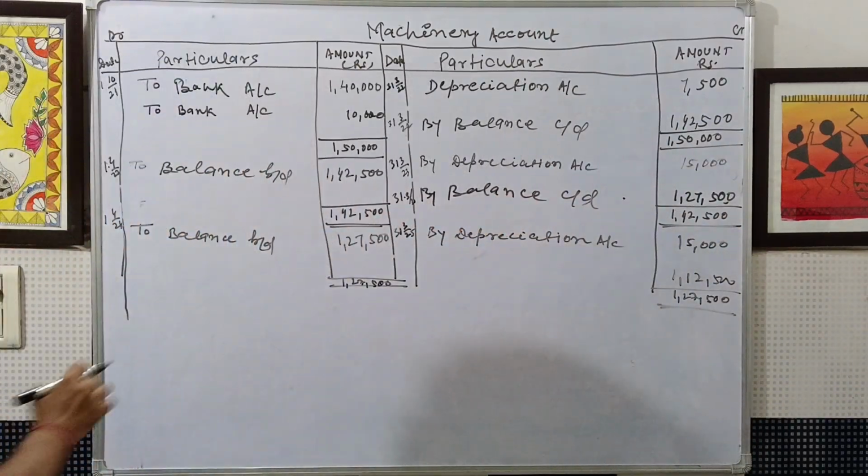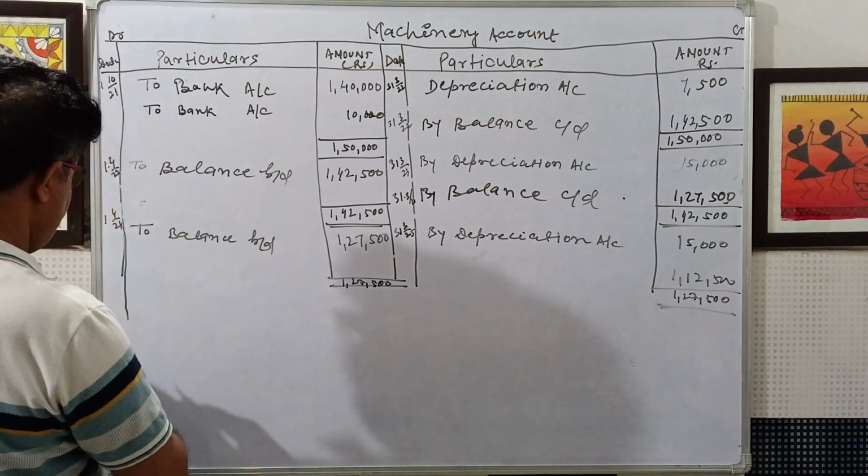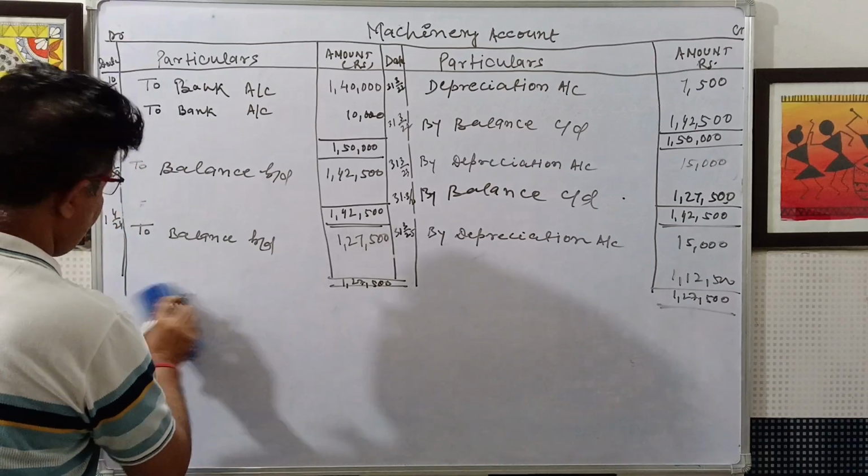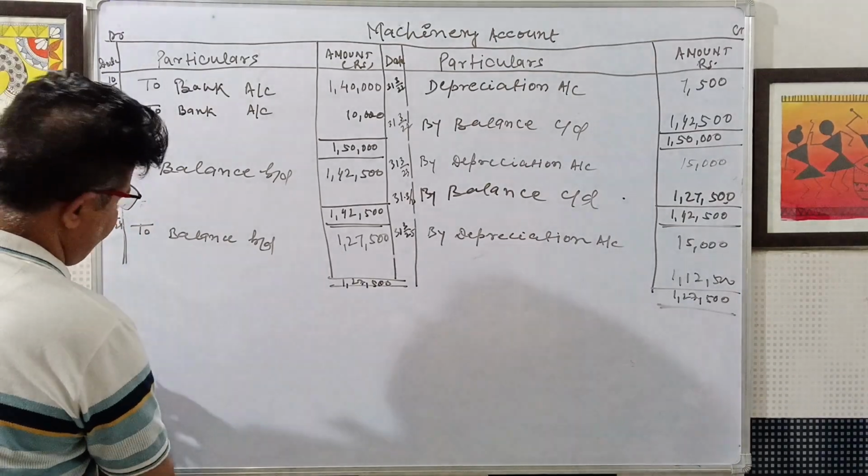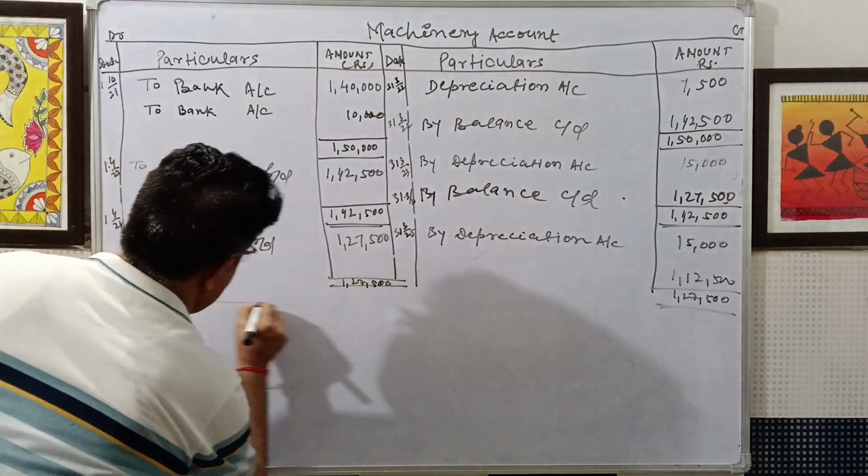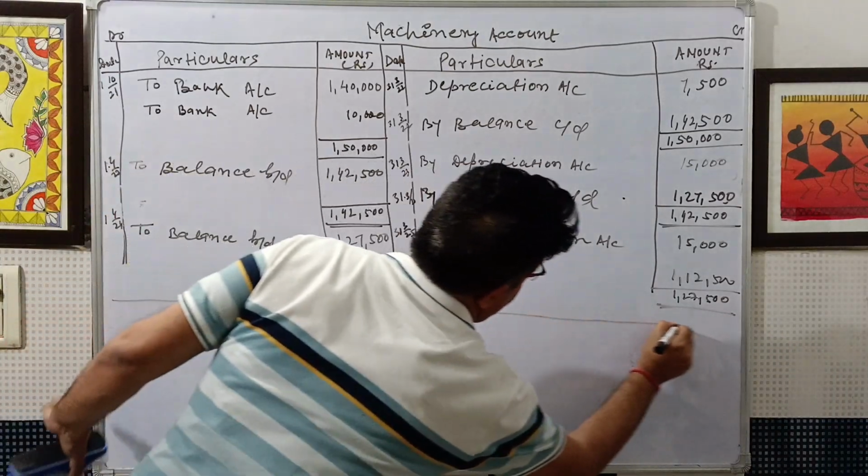So this is the machinery account. Now we write the depreciation account. So I'll go over here, another ledger account.